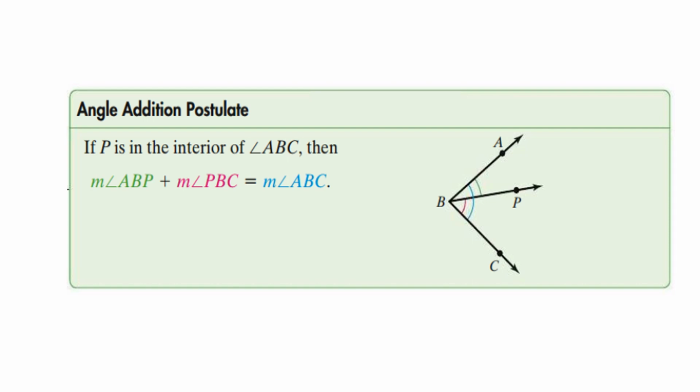It just says that if P is a point in the interior of the angle ABC, then you can take the angle ABC and split it into two little chunks. The measure of angle ABP plus the measure of angle PBC is going to be equal to that big angle. Right, so it just says that if you have a big angle, you can split it up into two or more little chunks, and then those chunks need to add up to that big angle.